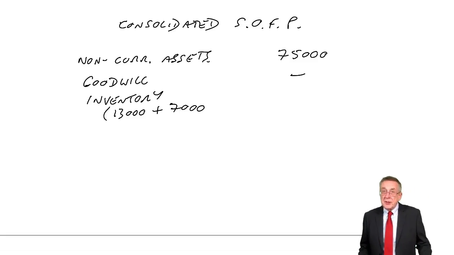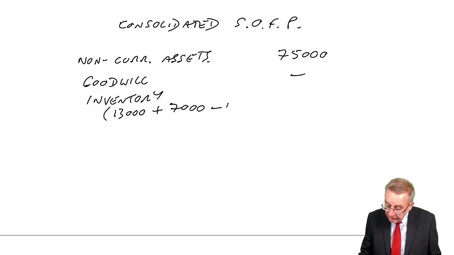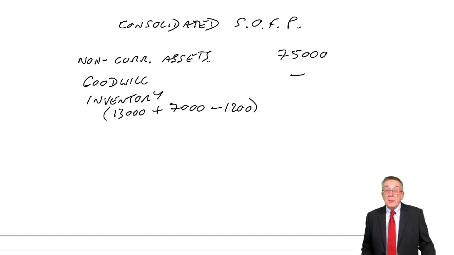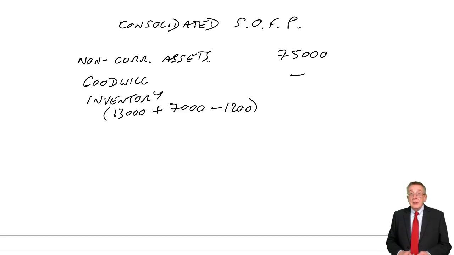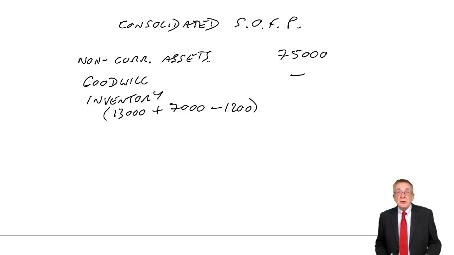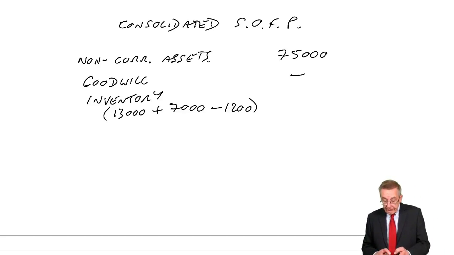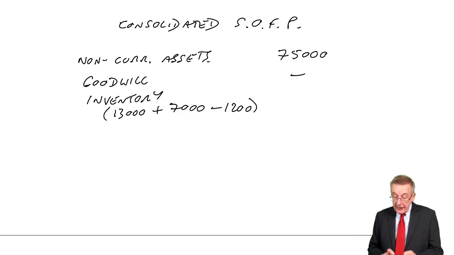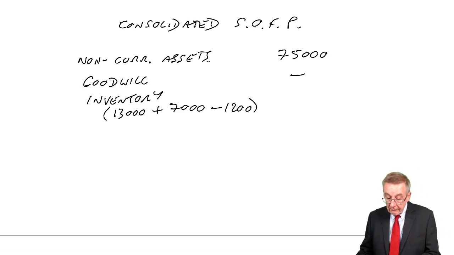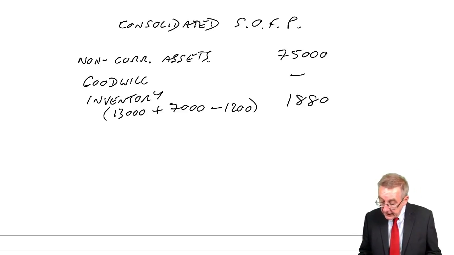However, that includes this unrealized profit. Take out the provision for unrealized profit because they should be valued at cost to the group. And so what does that give us? 20,000 minus 1,200. 18,800.